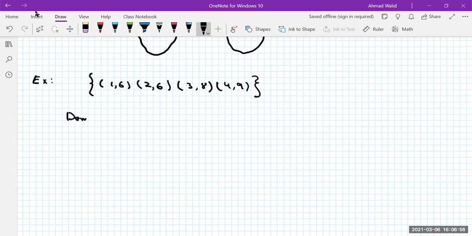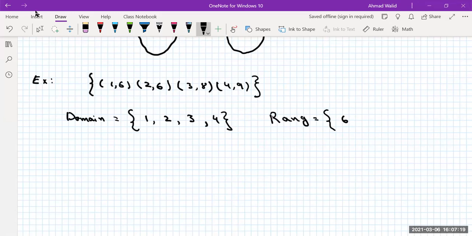First, list your domain. What is my domain? My domain is 1, 2, 3, and 4. Your range, you don't need to list your range, but in this example, even if I list my range, which is 6, 6, 8, and 9.